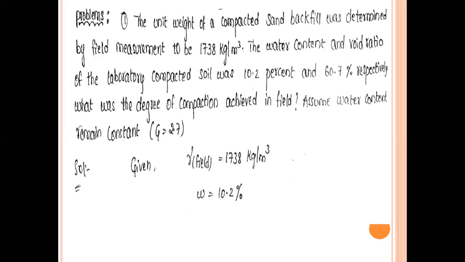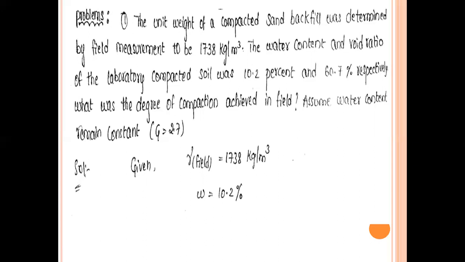Write the problem. The unit weight of compacted sand backfill was determined by field measurement to be 1738 kg per cubic meter.